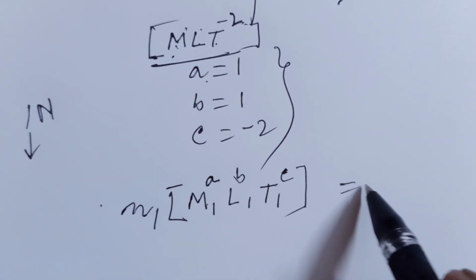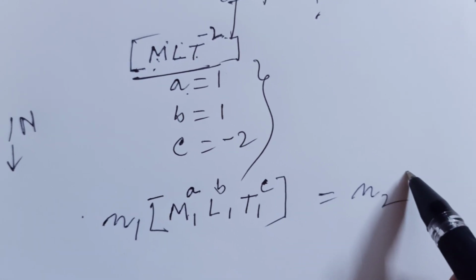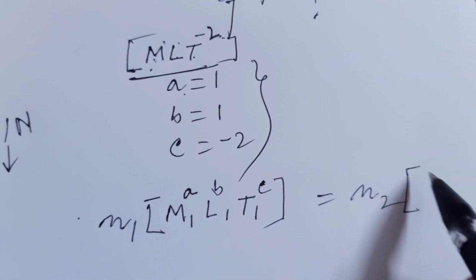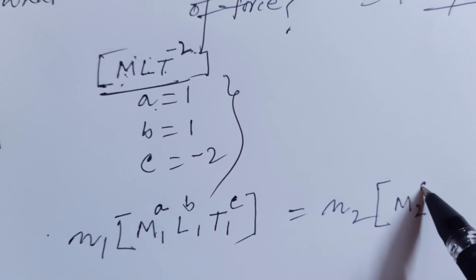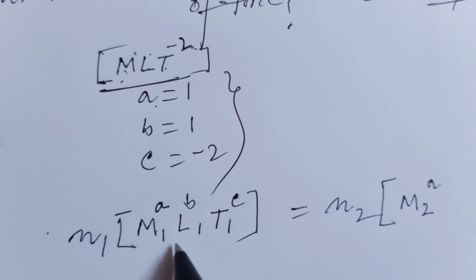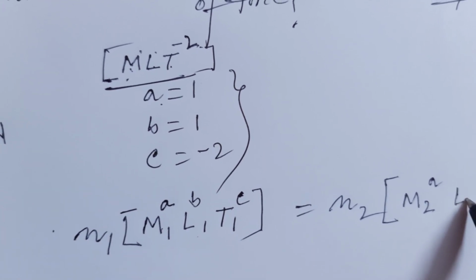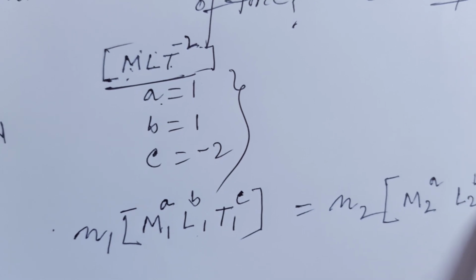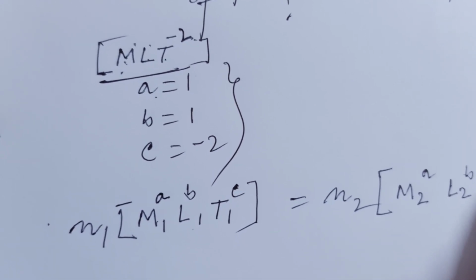This is equal to the numeric value n2, and since the physical quantity remains the same, it is M2 to the power a, L2 to the power b, and T2 to the power c.